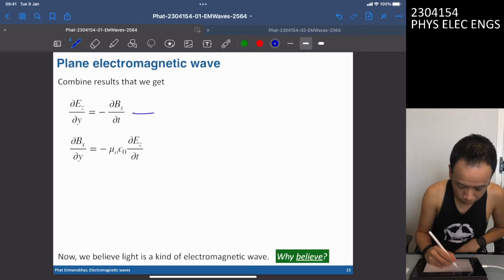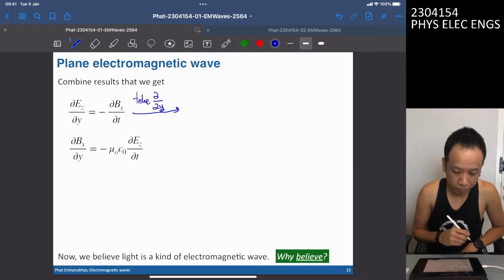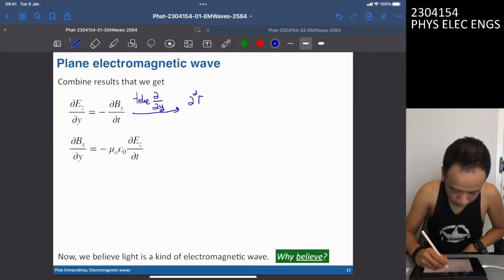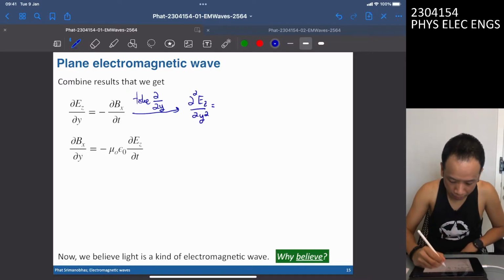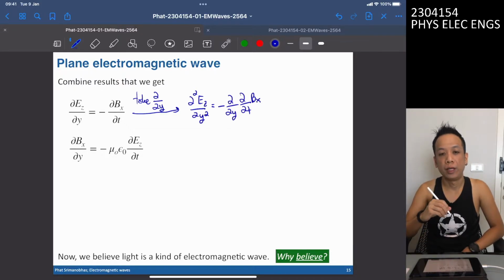So what we can do is take another derivative with respect to y of the first equation. When you take the y derivative of the first equation, you're going to get the second derivative, and then minus the derivative of y and then the derivative of t of Bx, right?